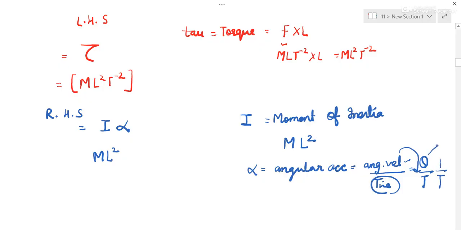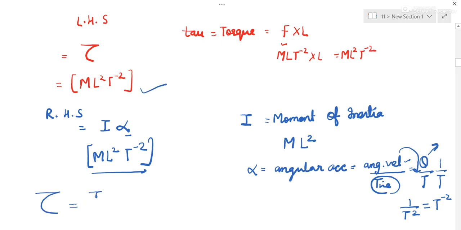And theta has got no dimensions, so it is 1 by t square, rather t to the power minus 2. So we can substitute here alpha, t to the power minus 2. So yes, right hand side is this, left hand side is also this. The equation is correct. Tau is equal to I alpha is dimensionally correct equation.